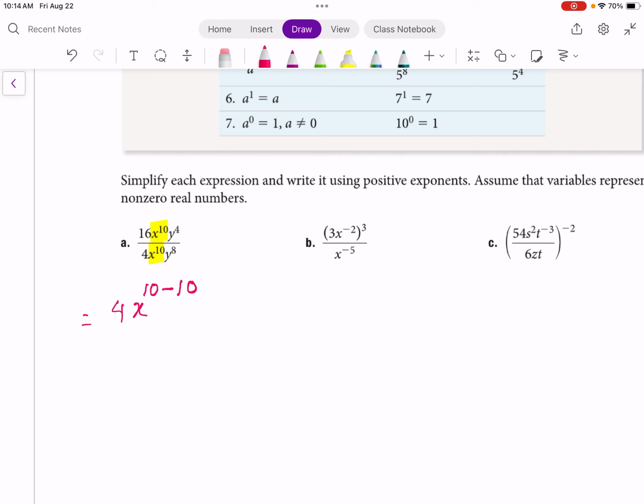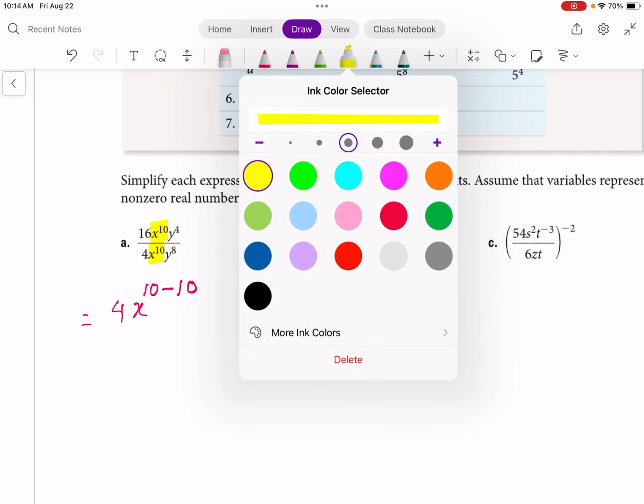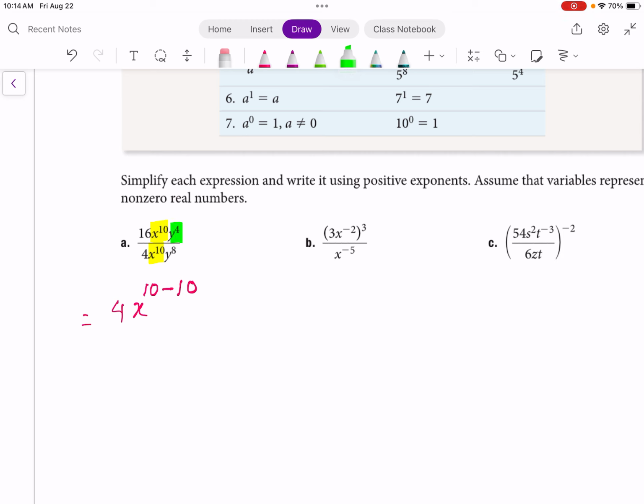For y, we have y to the power 4 divided by y to the power 8. Same base, so write down y and the exponent of the numerator minus the exponent of the denominator 8. So this is 4 x to the power 0, y to the power minus 4.